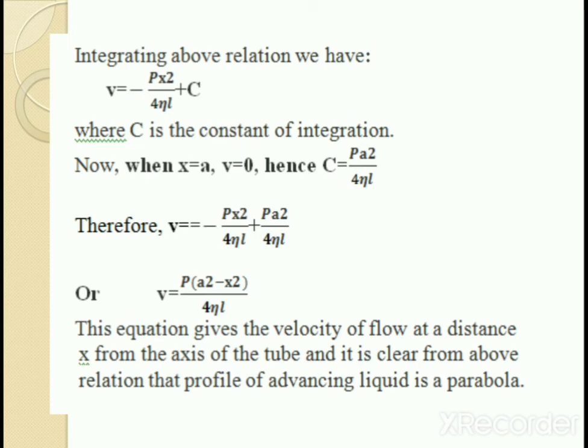Hence c, that is the constant of integration, is equal to P a square upon 4 eta L. Putting the value of c in the equation, we get velocity v is equal to minus Px square upon 4 eta L plus P a square upon 4 eta L. Therefore v is equal to P (a square minus x square) upon 4 eta L. This equation gives the velocity of flow at a distance x from the axis of the tube, and it is clear from the above relation that the profile of the advancing liquid is a parabola.